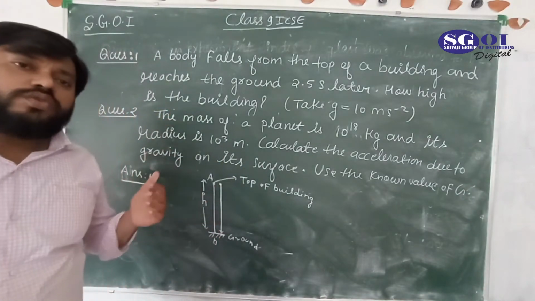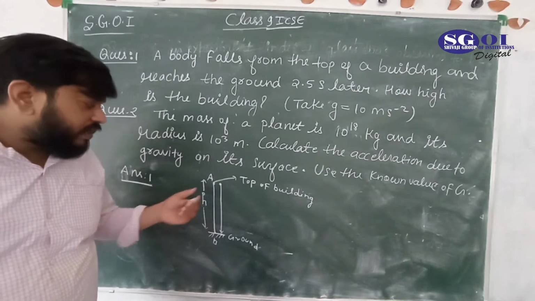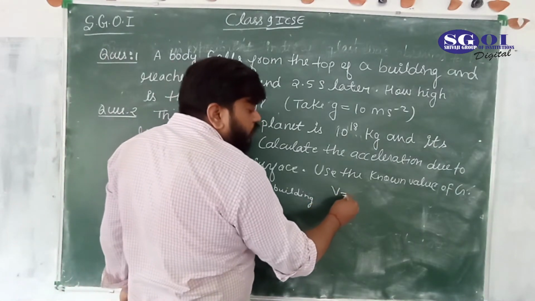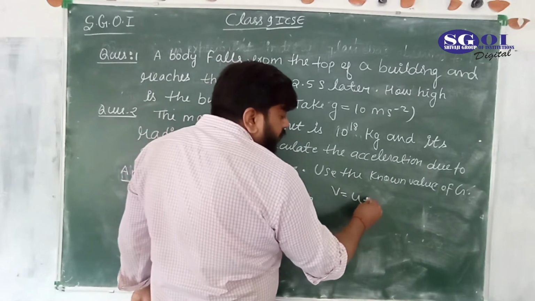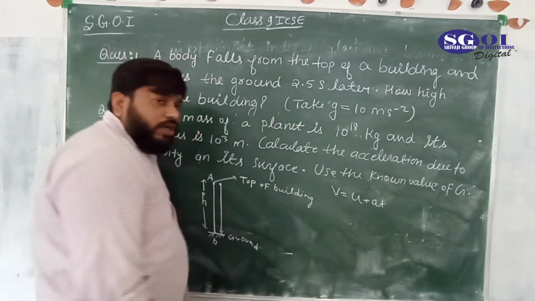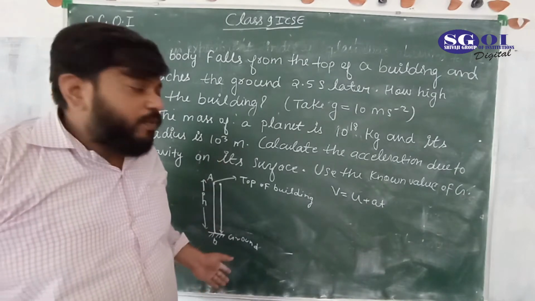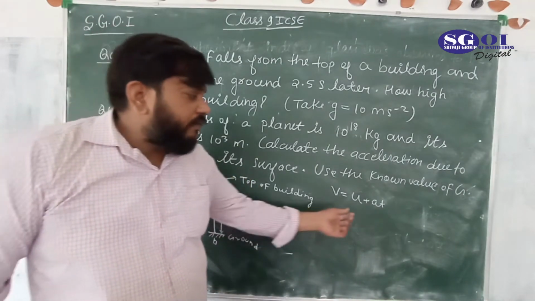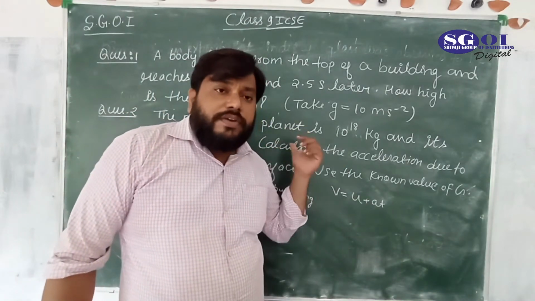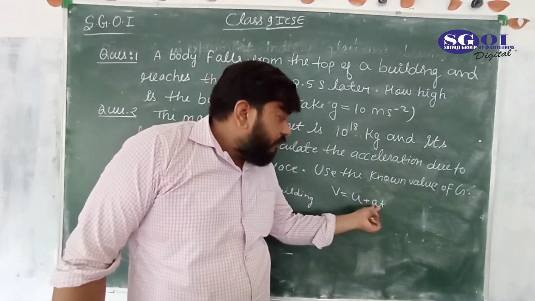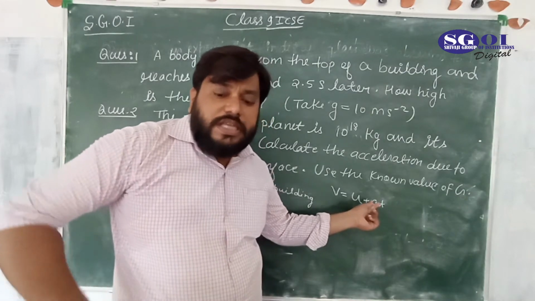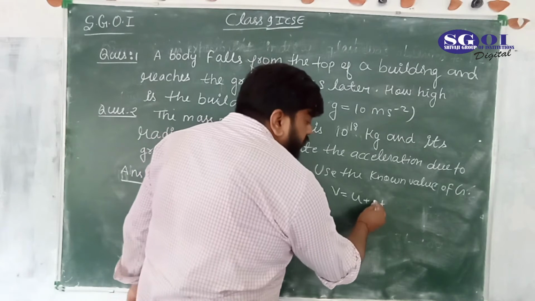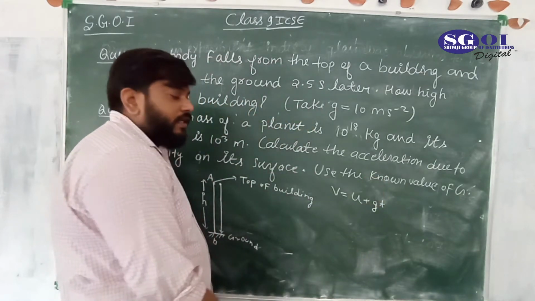As I told you in the previous video lecture, we would use these equations. The first equation was v equal to u plus at. But as I told you, in this type of motion, which is because of the gravity of the earth, we replace the small a, which is acceleration in linear motion, by the letter small g, acceleration due to gravity.